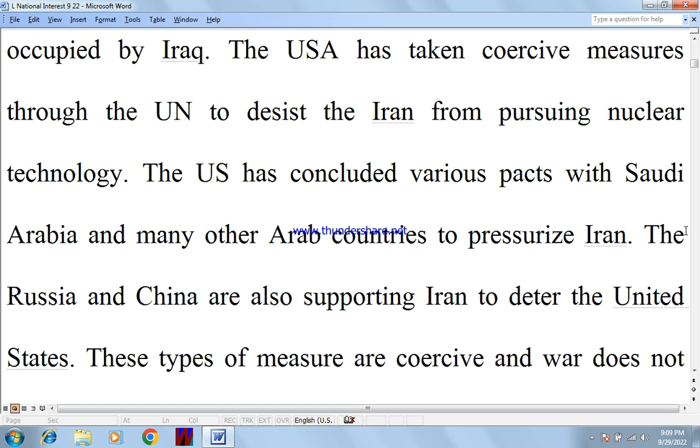The USA has taken coercive measures through the UN to deter Iran from pursuing nuclear technology. The United States has concluded various pacts with Saudi Arabia and many other Arab countries to pressurize Iran. Russia and China are also supporting Iran to deter the United States.